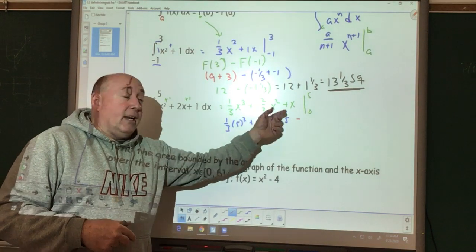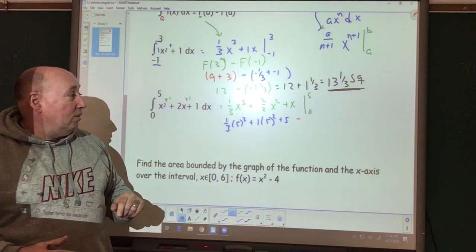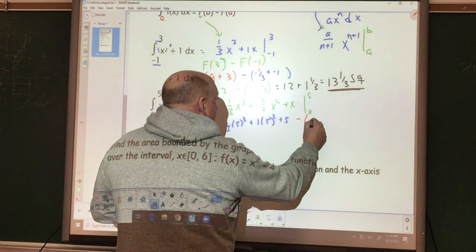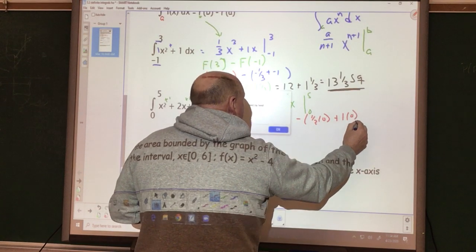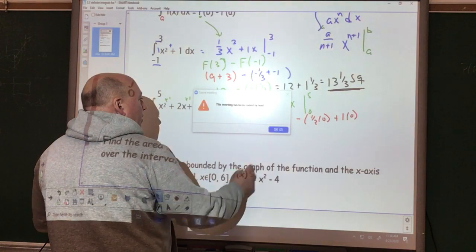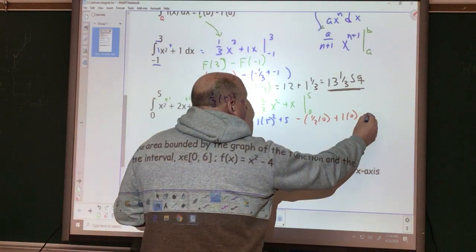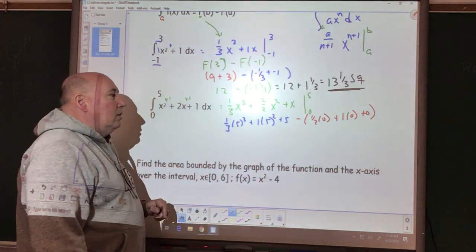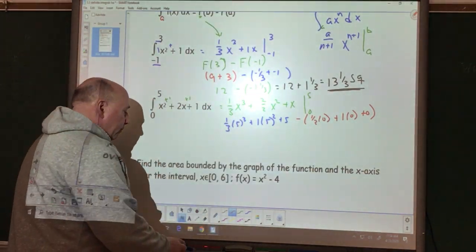When I integrate, I'll get an x variable, which means when I put in the value of 0, I get 1/3 times 0 plus 1 times 0 plus 0. So we get a value of 0 at the end.